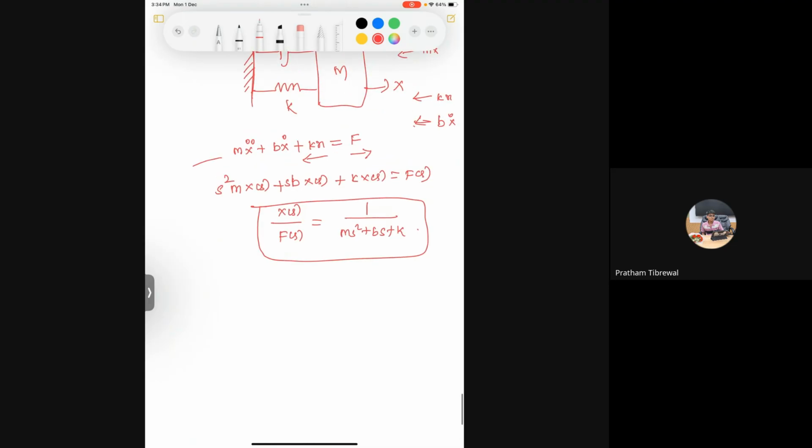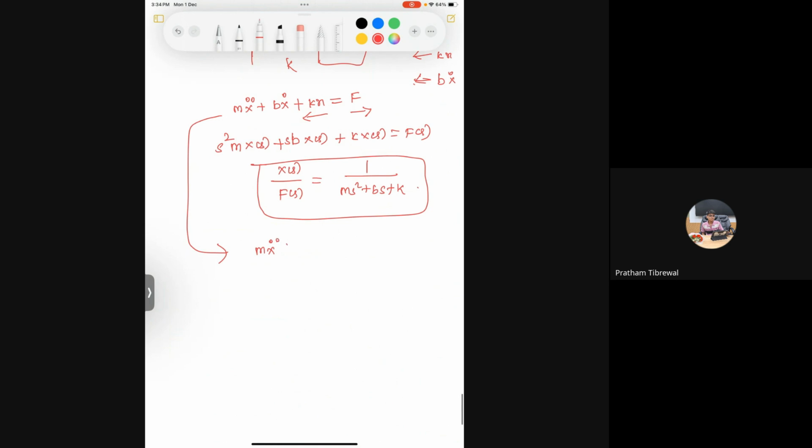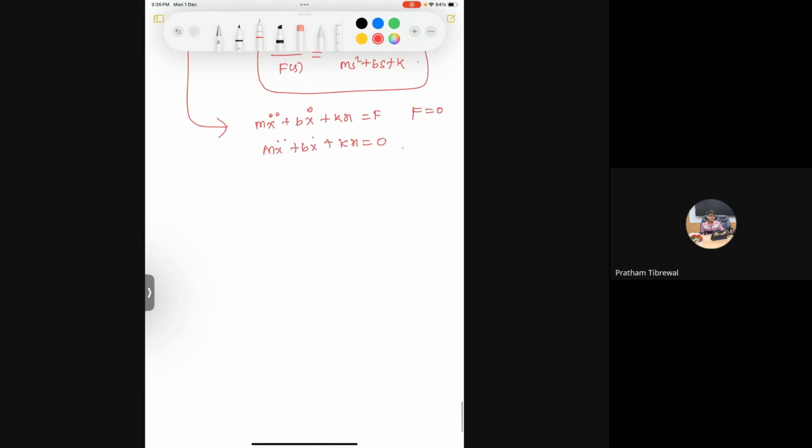Now we are going to skip this part and do the state space straight away. m x double dot plus b x dot plus k x equal to f. For now I am going to assume f is equal to 0. So m x double dot plus b x dot plus k x equal to 0. With f also we will see now. Okay. Right. For now, first we will convert this to equations. So x1 is equal to x.